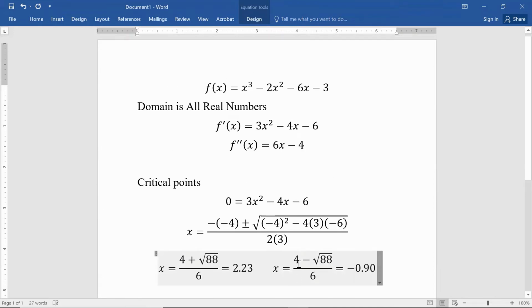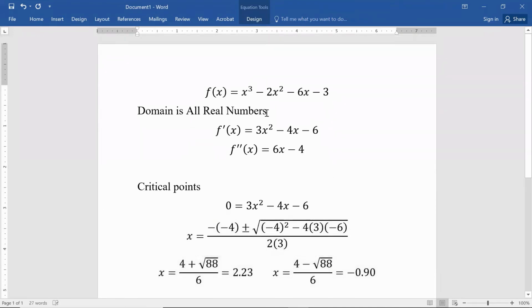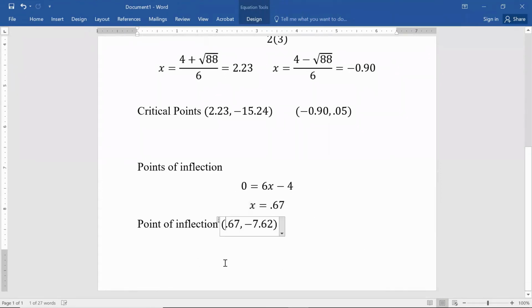We know that the domain is all real numbers. We know that there are no vertical asymptotes because this is a polynomial function. The last thing that we want to find before I turn to my graph paper is the behavior of f of x as x travels towards infinity or negative infinity.